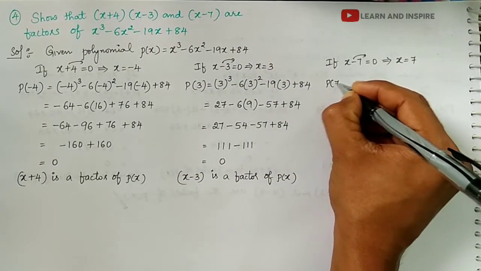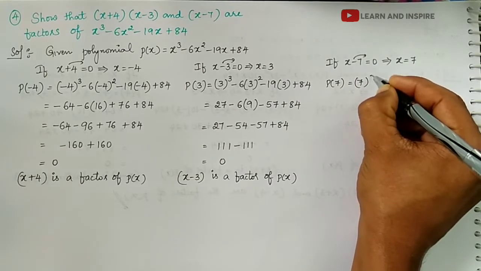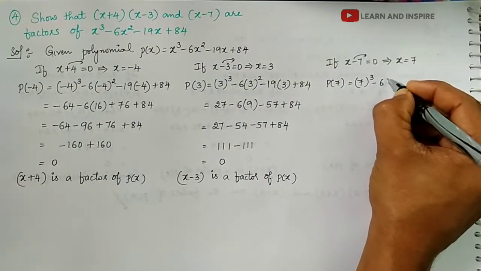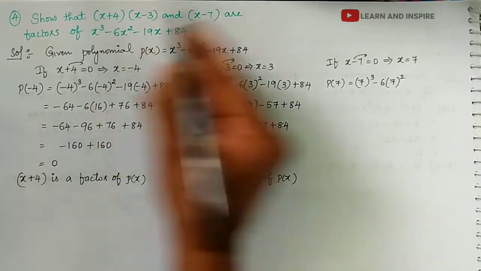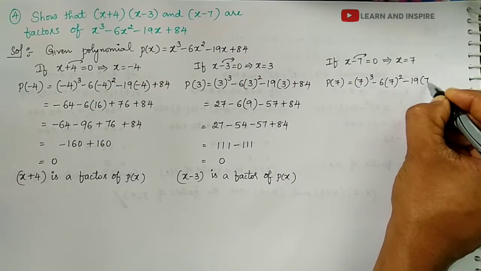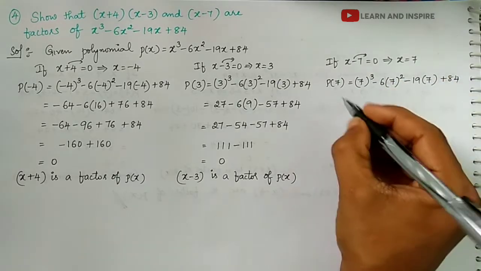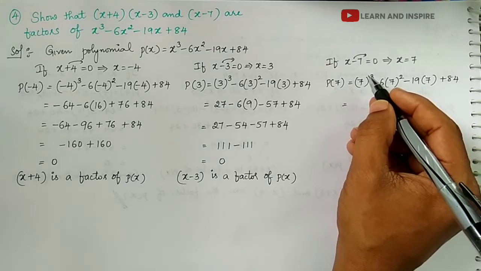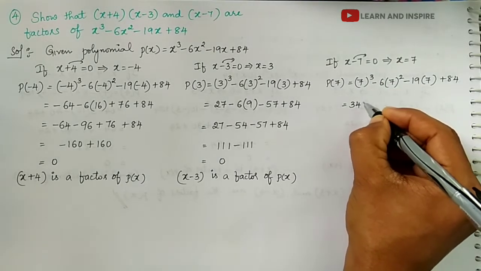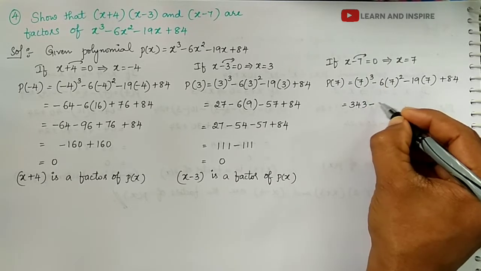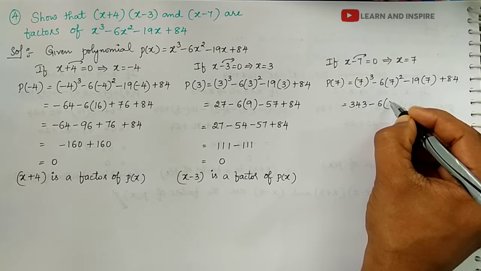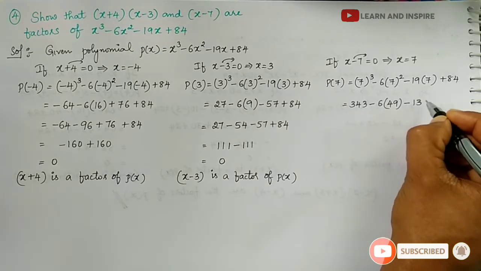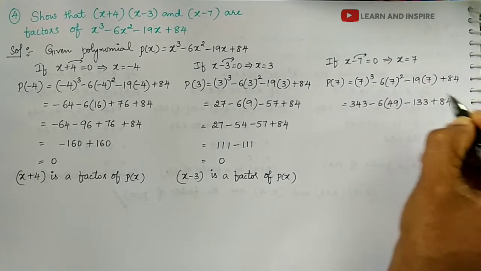Then we get p of 7 equals 7 cube minus 6 into 7 square minus 19 into 7 plus 84 equals 7 cube. 7 is multiplied 3 times. 7 7s are 49. 49 7s are 343. 7 cube is 343 minus 6 into 7 square. 7 into 7 is 49, minus 19 7s are 133 plus 84.